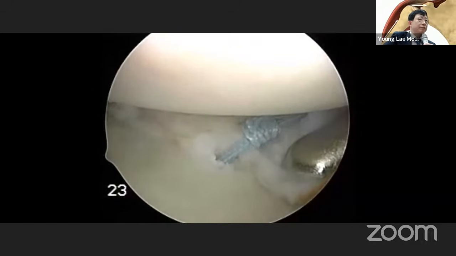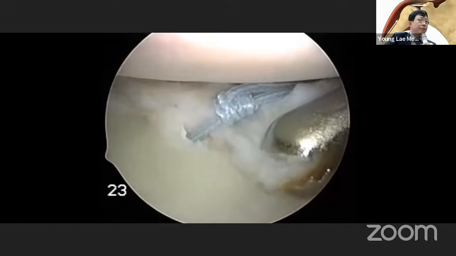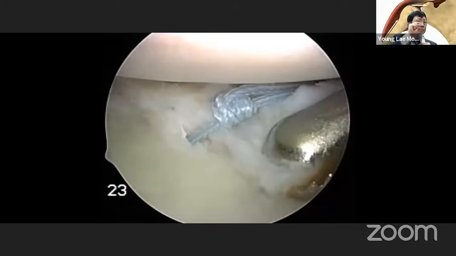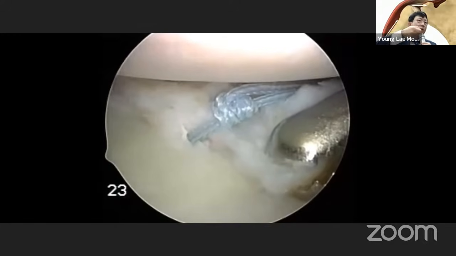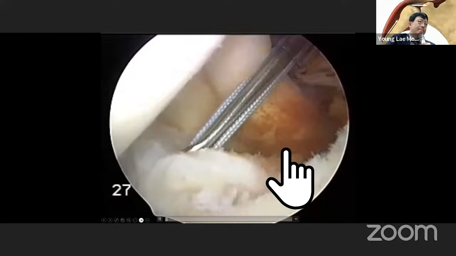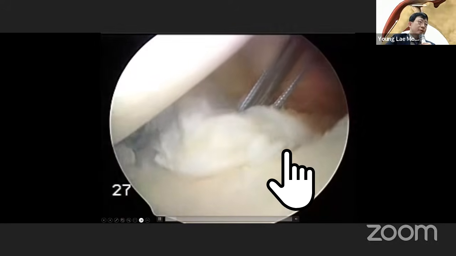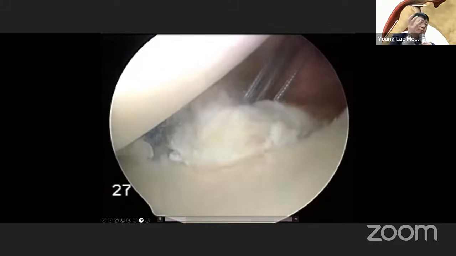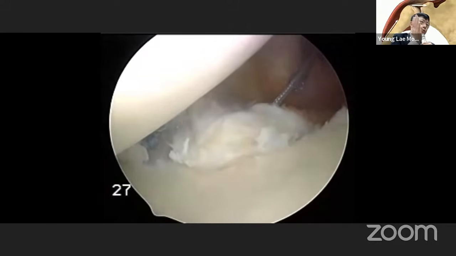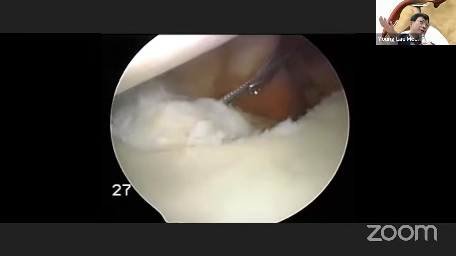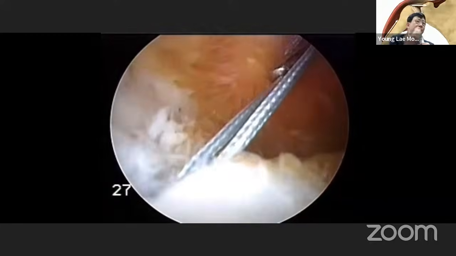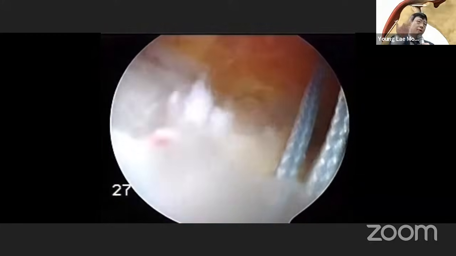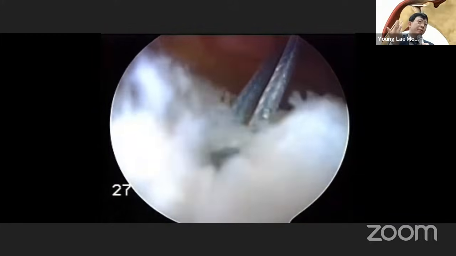I prefer the tennis slider for a very simple and easy sliding technique, and we take down the capsule, repairing the capsule with more advancement of the capsule from inferior to upper, the upper glenoid.